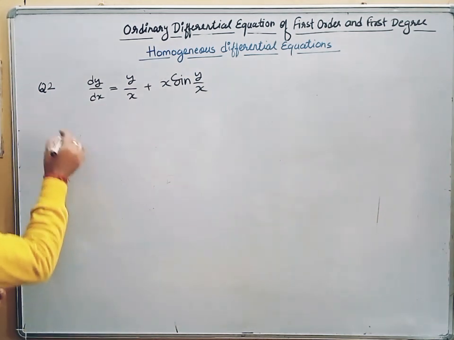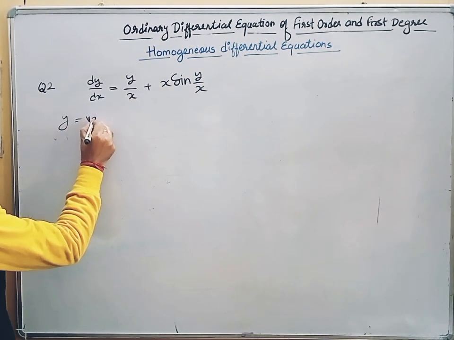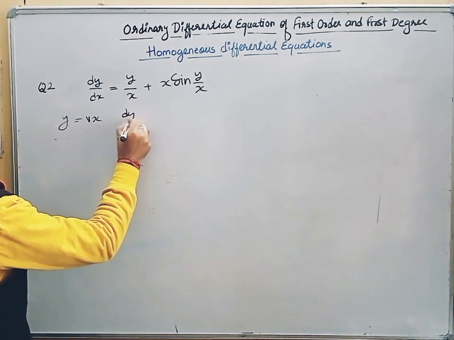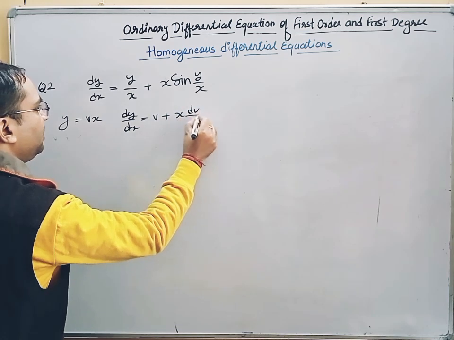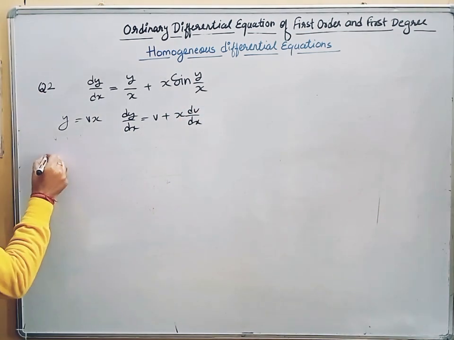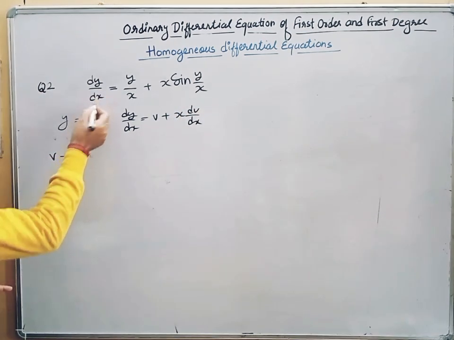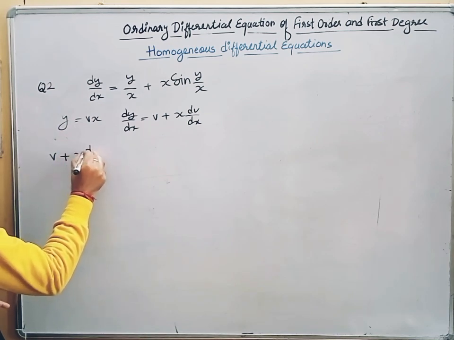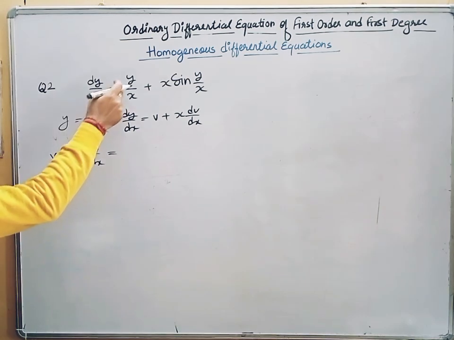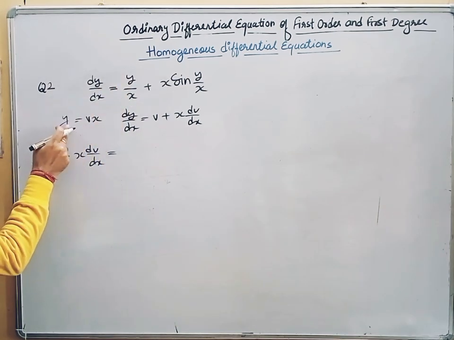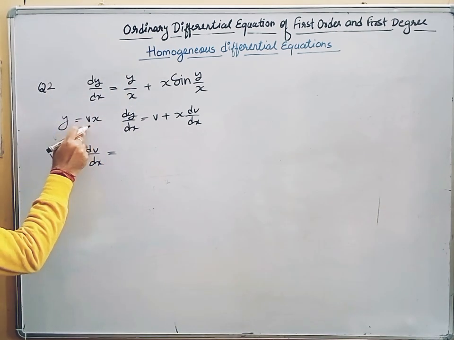As we used to do, we substitute y as vx, and then we substitute dy by dx as v plus x dv by dx. So let's do it. On substituting, this dy by dx will become v plus x dv upon dx, and on the right hand side we can see this y upon x. From y is equal to vx, we have y upon x as v.